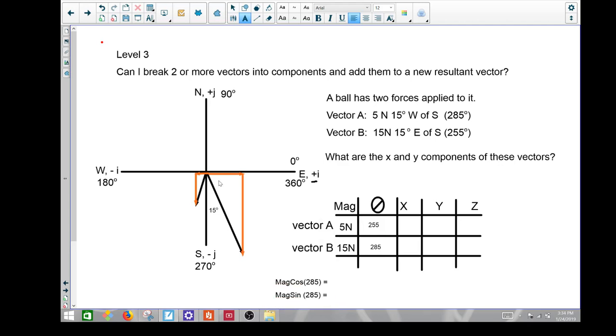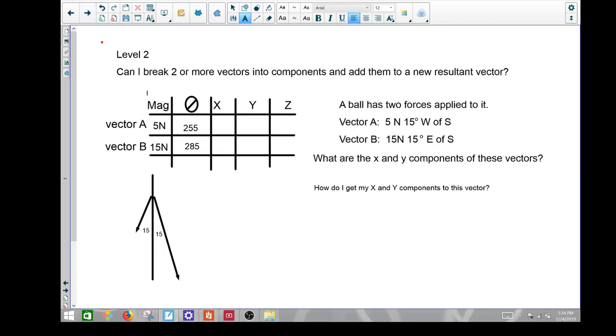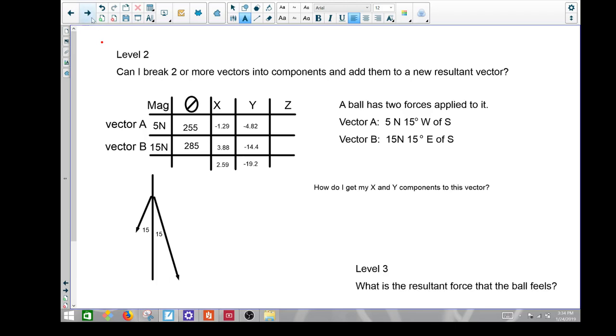So let's see the math here. All right, so these are my absolute angles, and there we go. All right, as I got these guys, how did I get these components? I just briefly talked about it.